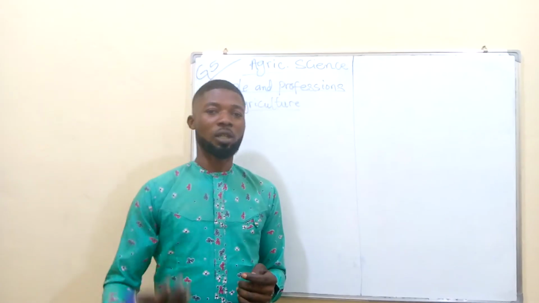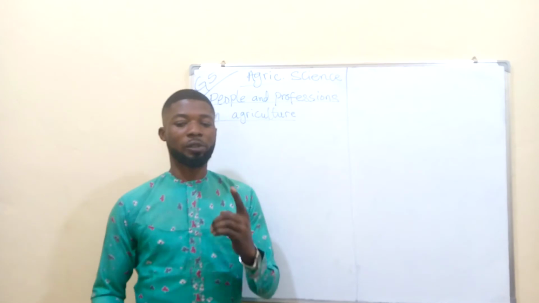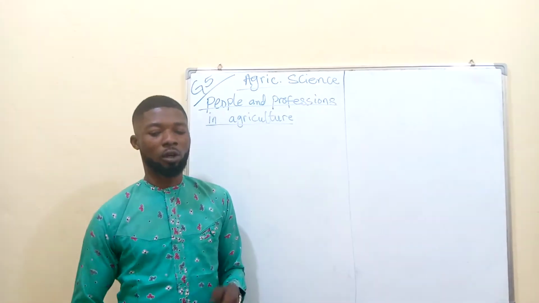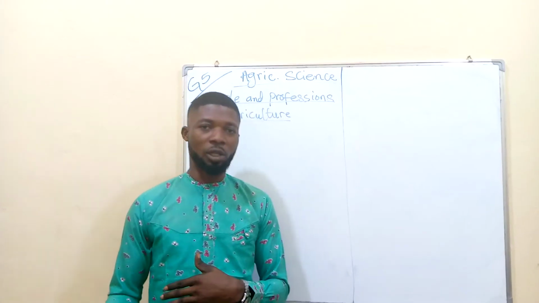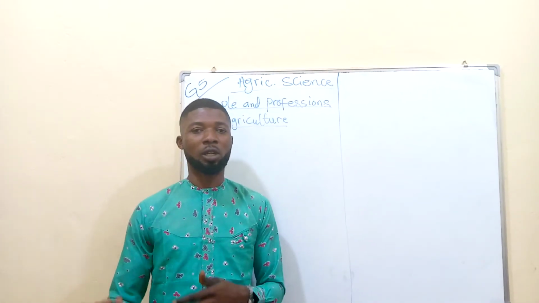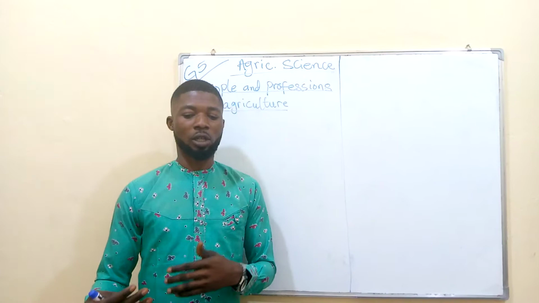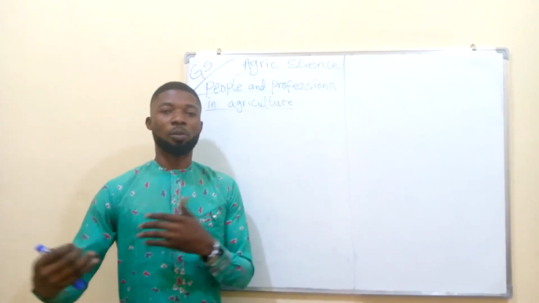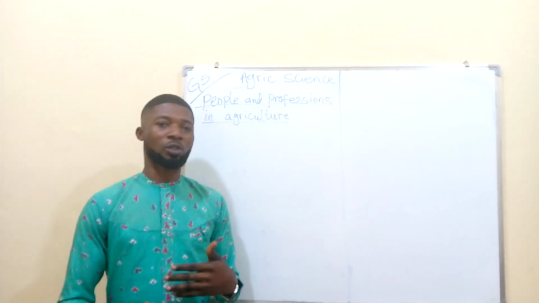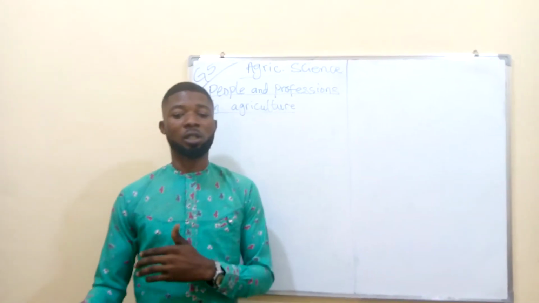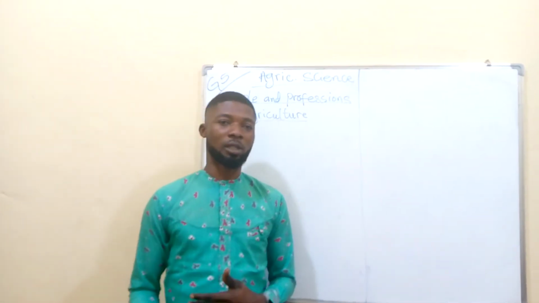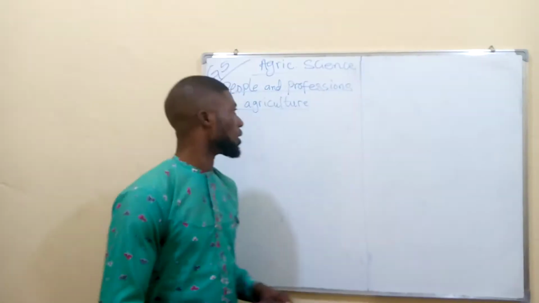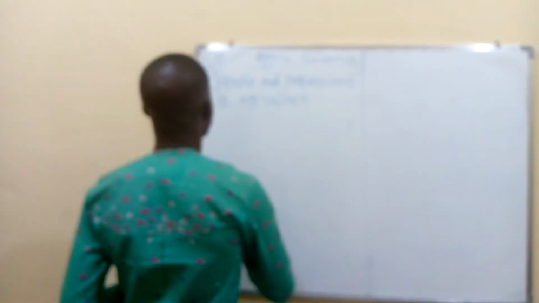Number five, fishermen, as a profession in agriculture. Number six, the market people, who are also part of the professions in agriculture. Then number seven, the gardeners. Let me put it on the board.